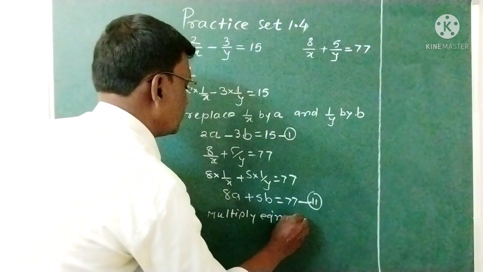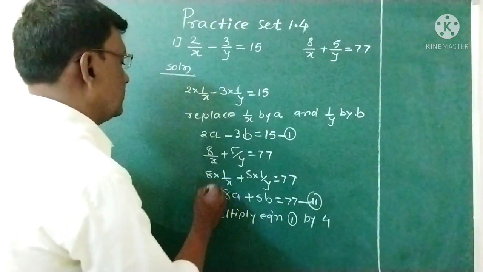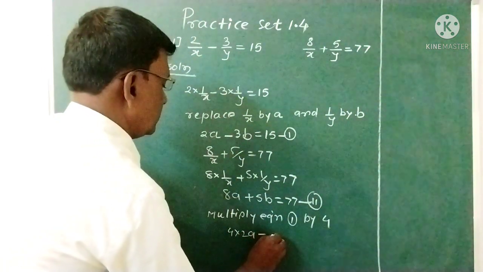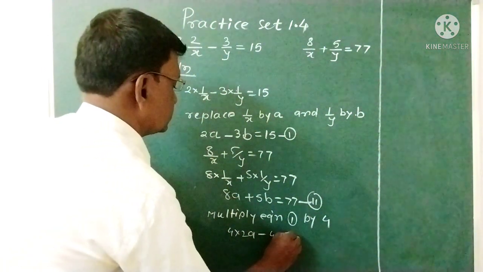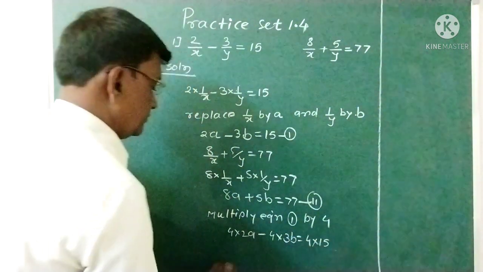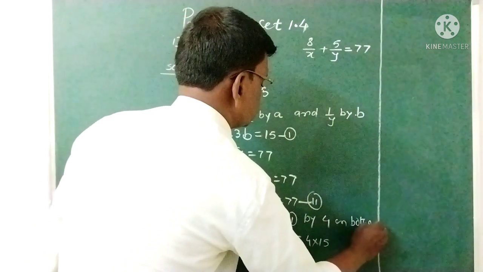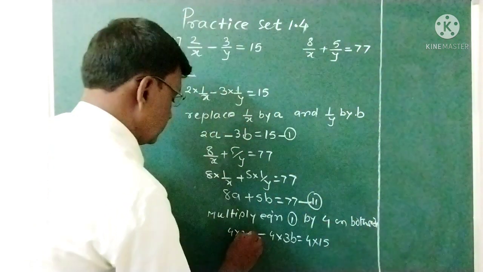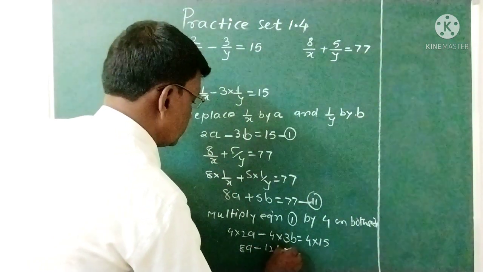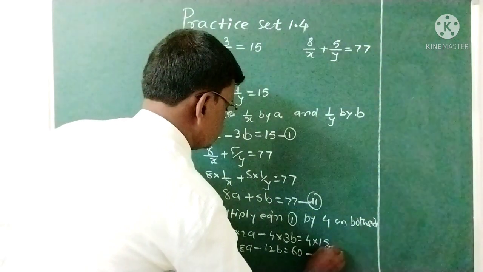Equation 1 by 4. We get 4 into 2a, 4 into 3b, 4 into 15 on both sides. So 8a minus 12b is equal to 60.